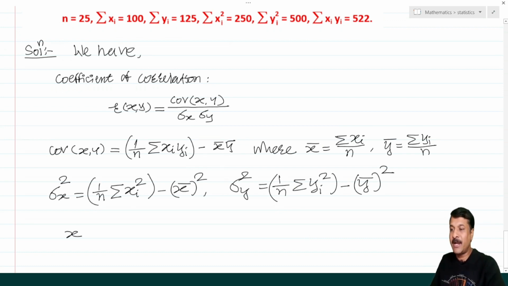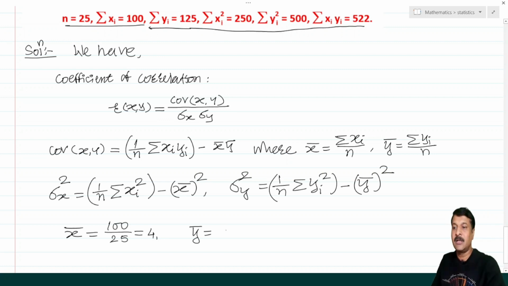So first I will find x bar. Summation of xi, the given value, is 100 divided by n, 25. So x bar equals 4. What about y bar? Summation of yi is nothing but the given value, 125 upon n, which is 25.